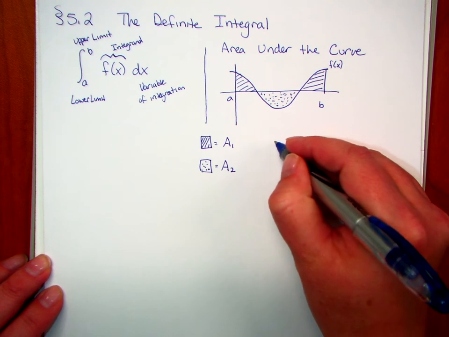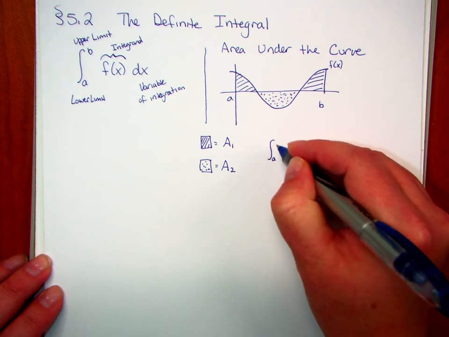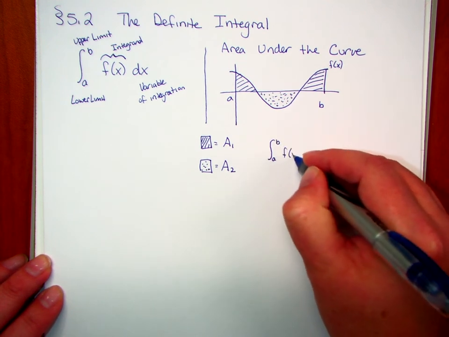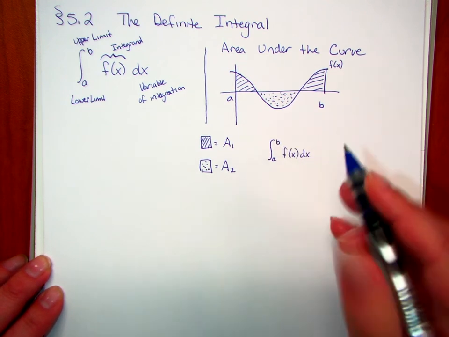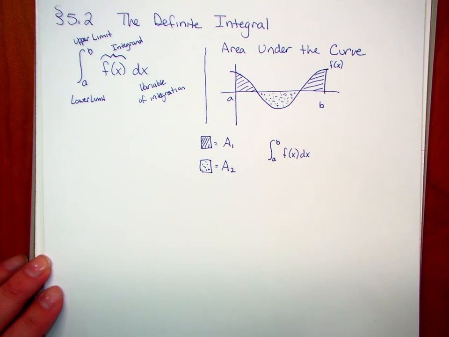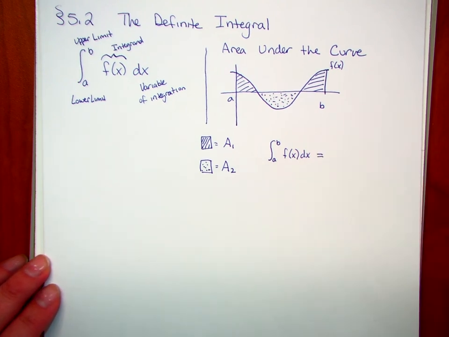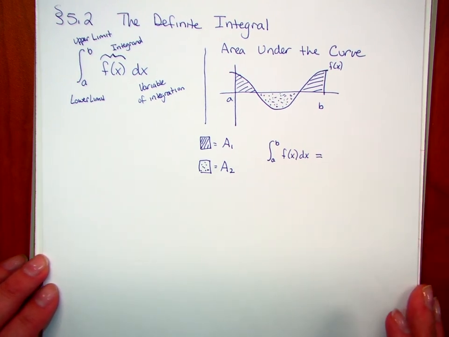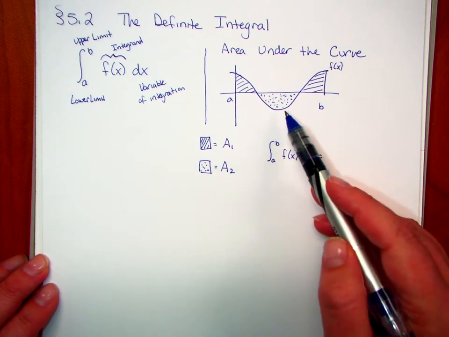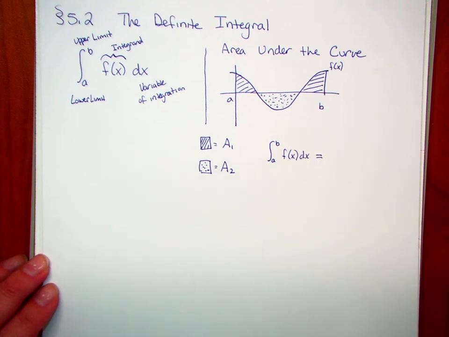When we calculate the area under f of x with respect to x from a to b, the area above the x-axis is counted as positive area, and the area below the x-axis is counted as negative area.